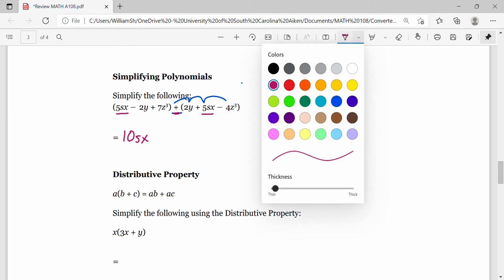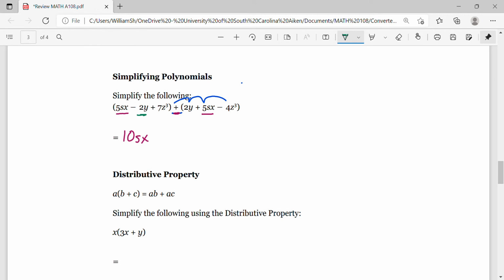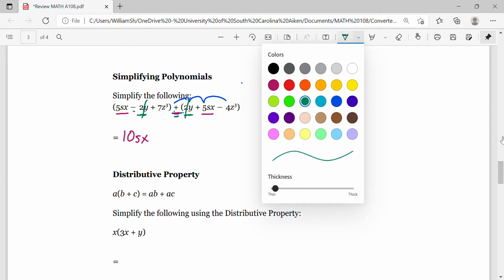My next terms in common are my negative 2y and my positive 2y. Negative 2y plus positive 2y gives me 0. So negative 2y and 2y cancel each other out, because this one's negative and this one is positive, and I don't even have to write that in the next section.